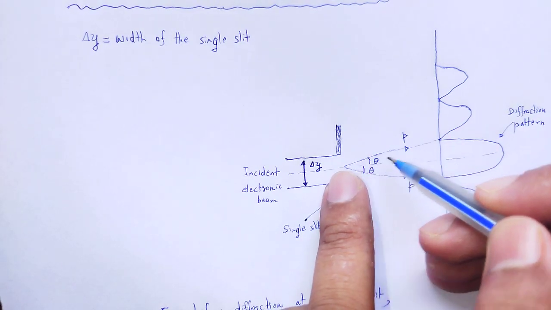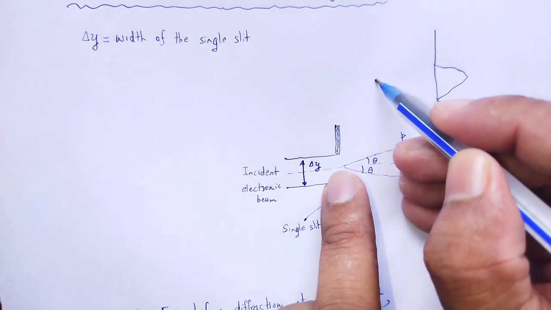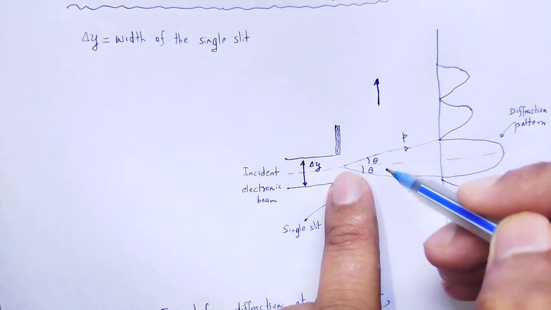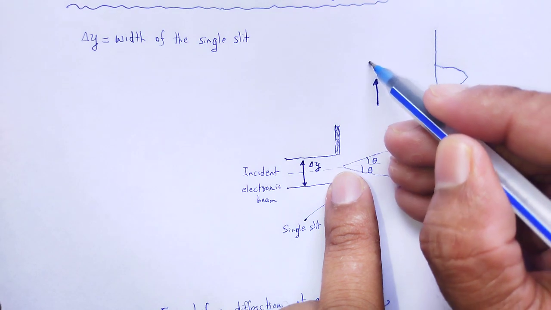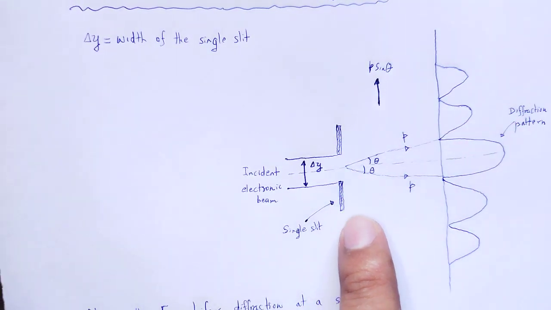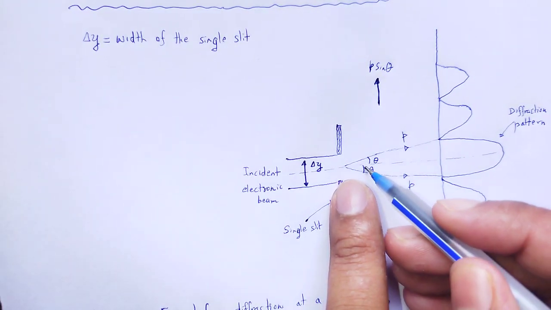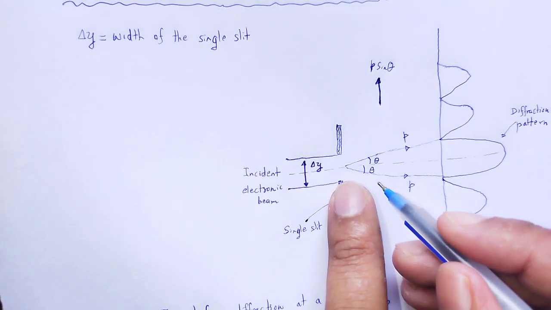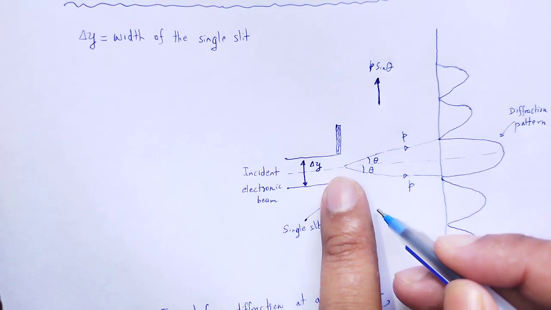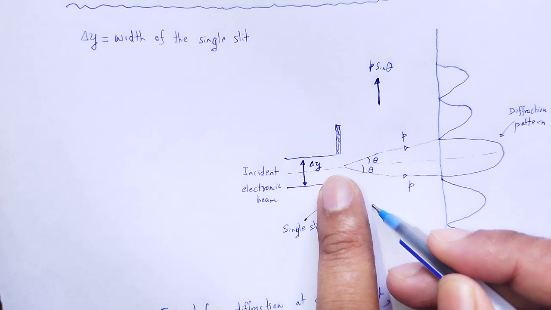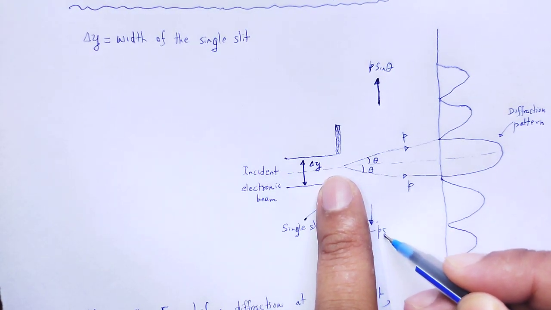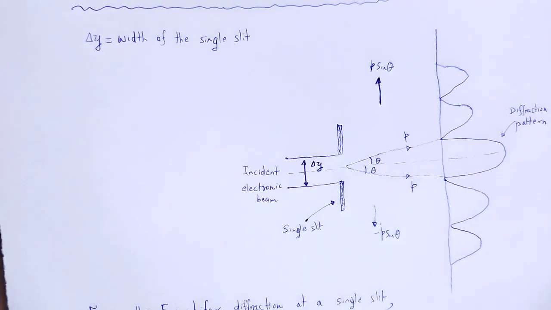If we resolve that momentum, in the x direction it is p cos theta, and along the y direction it is p sin theta. Similarly, for minus theta, along the x direction it is p cos theta, and along the y direction it is p sin of minus theta, which is equal to minus p sin theta.